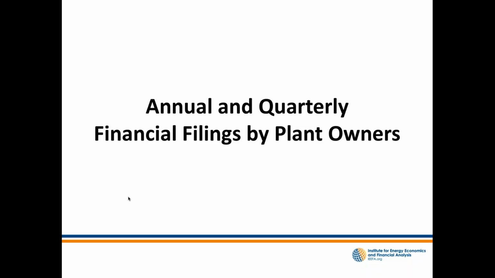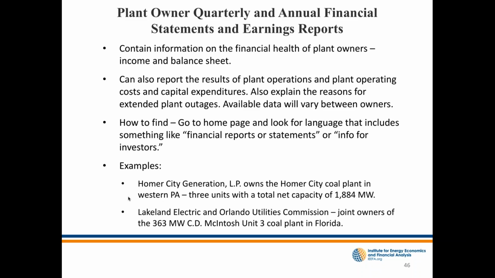And these owners generally file annual and quarterly financial or earnings filings. Generally they contain information on the financial health of plant owners, again, income and balance sheets. However, they also can report the results of plant operations and plant operating costs and capital expenditures.